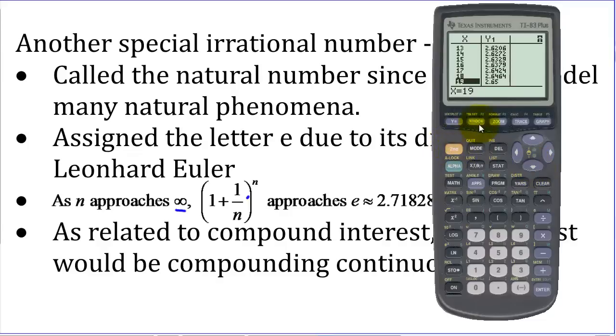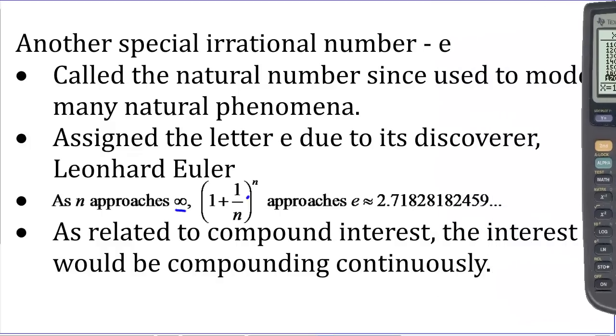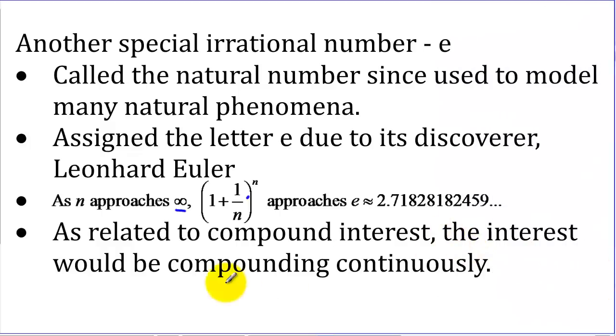If we went out to a really big number in the table, let's count by 1,000s, and we'll just look at what happens. We can see that this number is leveling off. And again, he proved that it approaches and levels off at that one particular number. So that's what the natural number is.